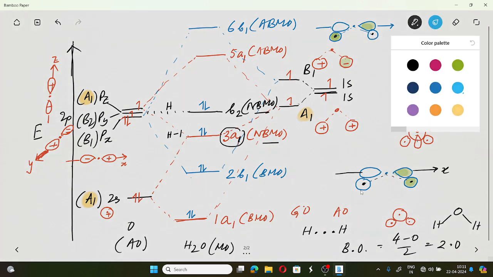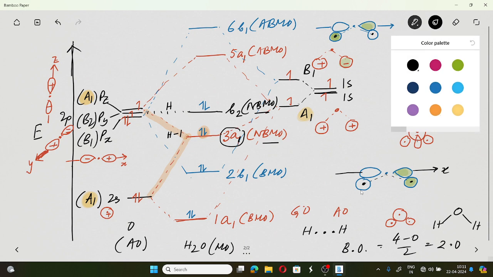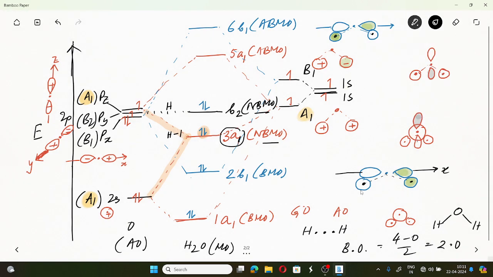It has greater contribution from the oxygen side. So naturally we can say that this pair of electrons is over oxygen. So there is a lone pair over oxygen. This is present in 3a1, this lone pair over oxygen.